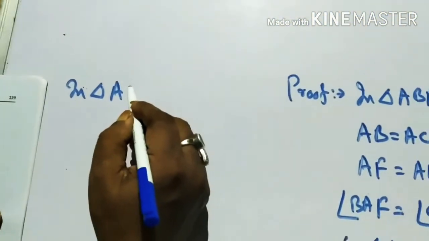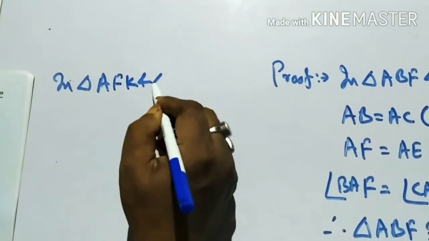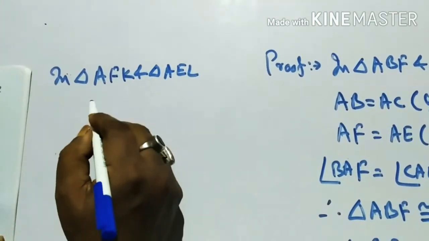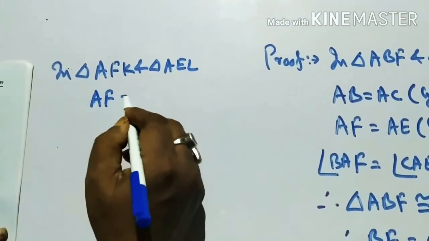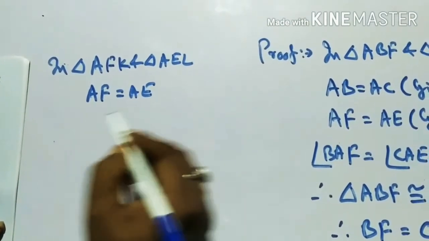Now, in triangles AFK and AEL, see, AF is equal to AE. This is given.